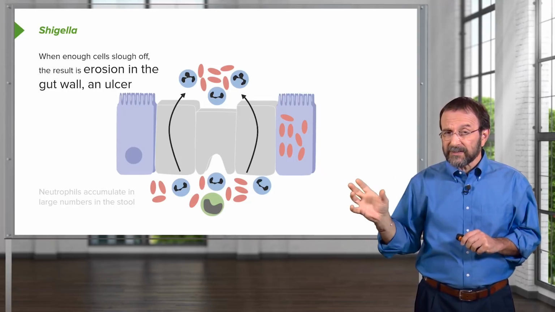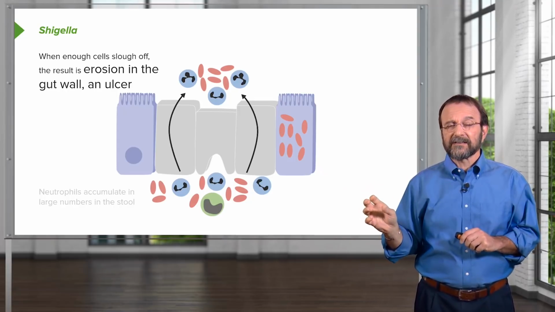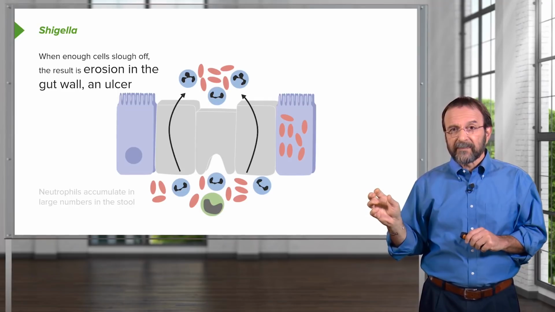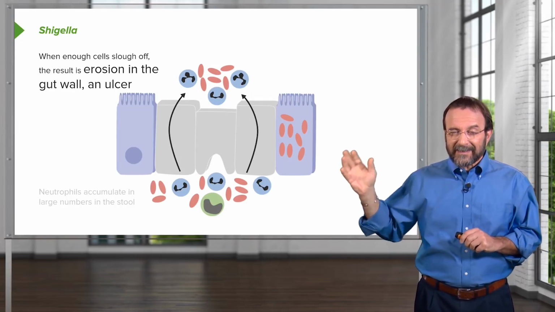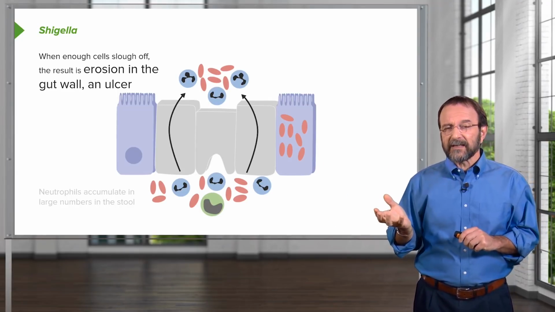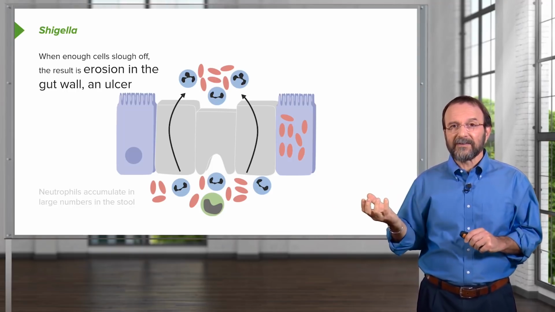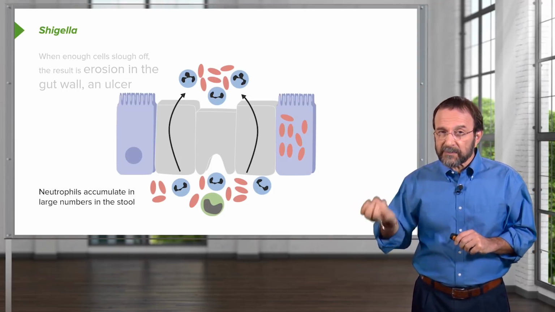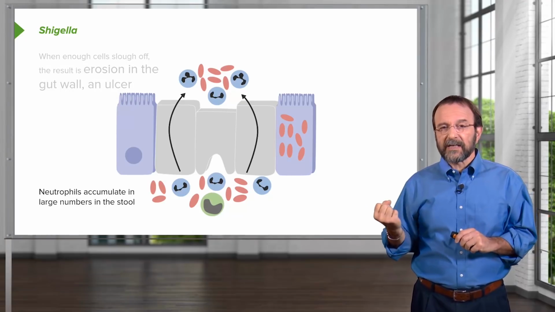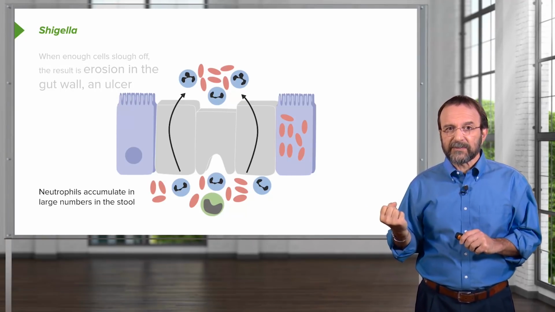So this is a physical removal of cells as a consequence of bacterial inflammation. You have an ulcer, and in the process of doing this, many other immune cells have been trying to clear the infection, including neutrophils, major defense cells for many bacterial infections, as we've mentioned before.